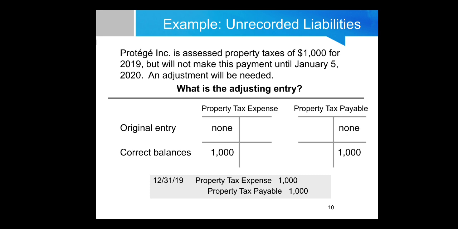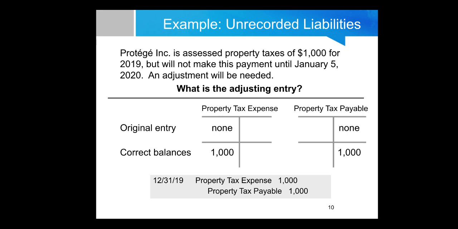But the tax will be paid next year. So it is like the business will have to pay something in the future. So in accounting, if a business has to pay something in the future, it has to be recorded as a liability. So liability increase, you have to credit the account.